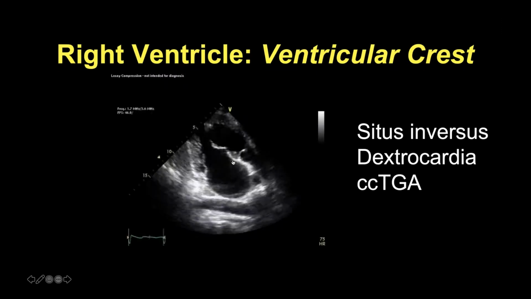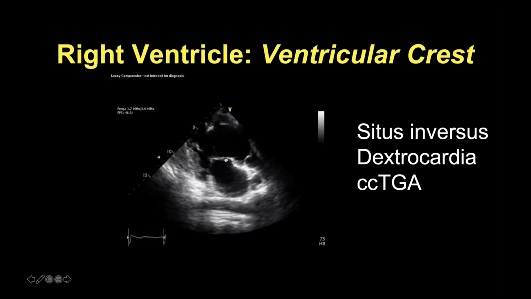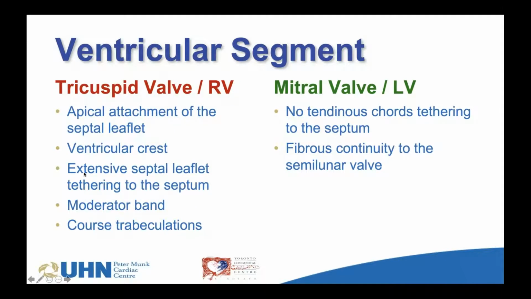So what you see here, there's no fibrous continuity between this AV valve and the semilunar valve. You know now this is the morphological right ventricle. So there are characteristic features to identify the tricuspid valve and the right ventricle. Typically, that's very reliable.